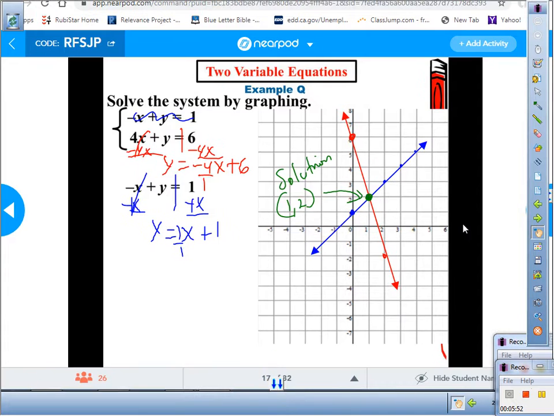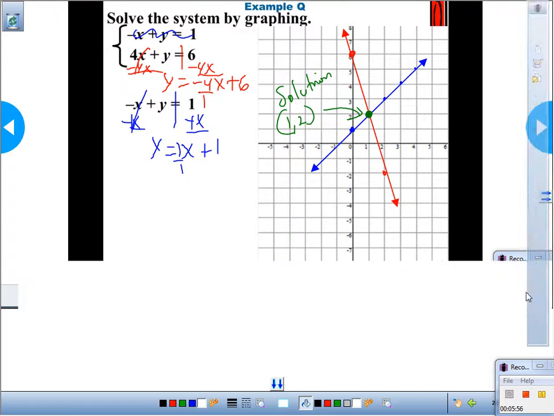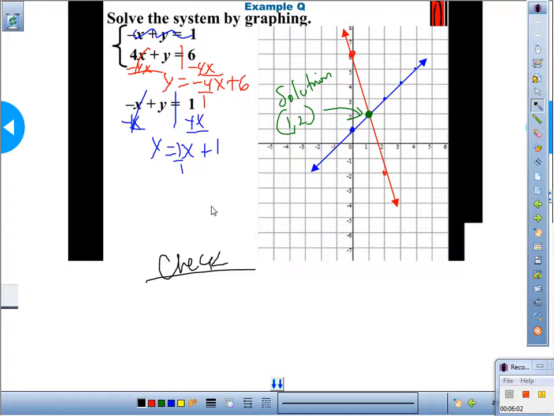Well, we're going to do that today. So underneath that, I want you to write check. And how do we check? Well, we're going to write our two equations. I'm going to start with this equation, y equals negative 4x plus 6. And right next to it, I'm going to leave a little space.